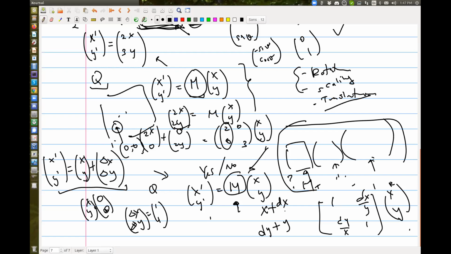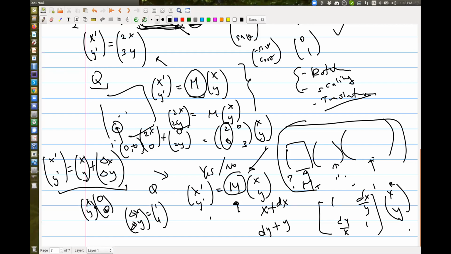Dr. Chang, yes. I'm sorry, I made a mistake. I just realized that the translation can also be represented by the matrix M using the differentiation derivative.